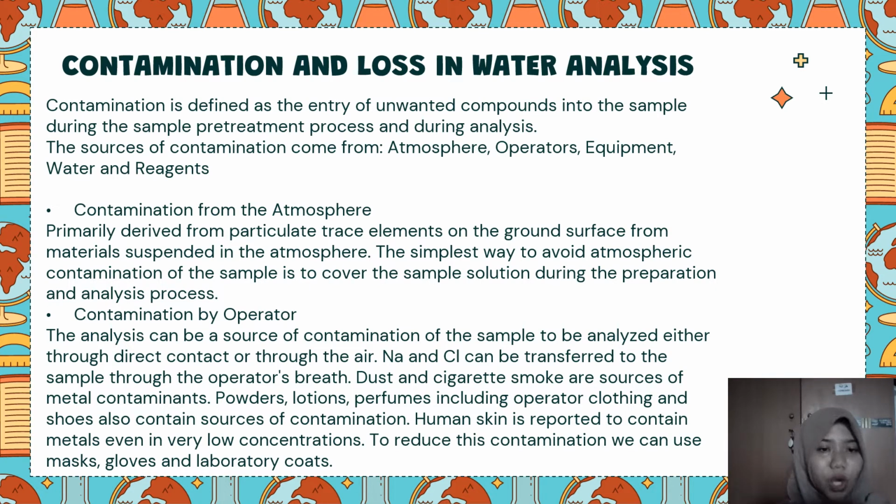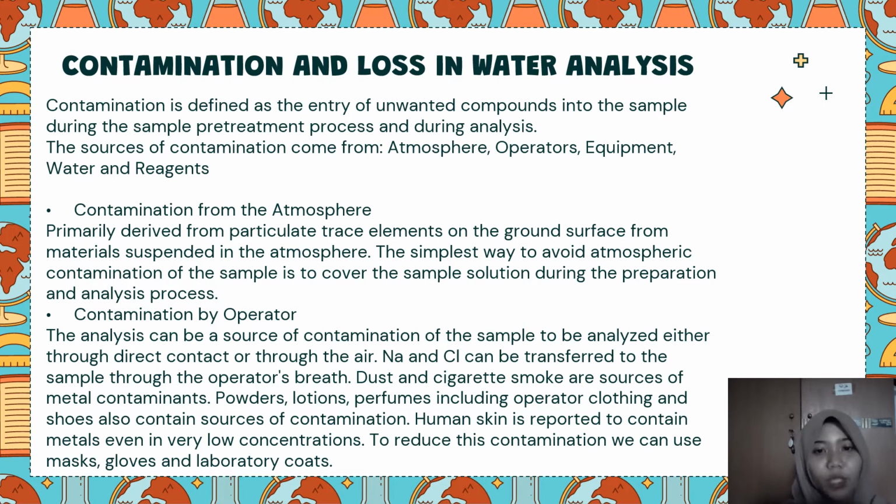The source of contamination comes from atmosphere, operators, equipment, water, and reagents. The first, contamination from the atmosphere, primarily derived from particulate trace elements on the ground surface from materials suspended in the atmosphere.